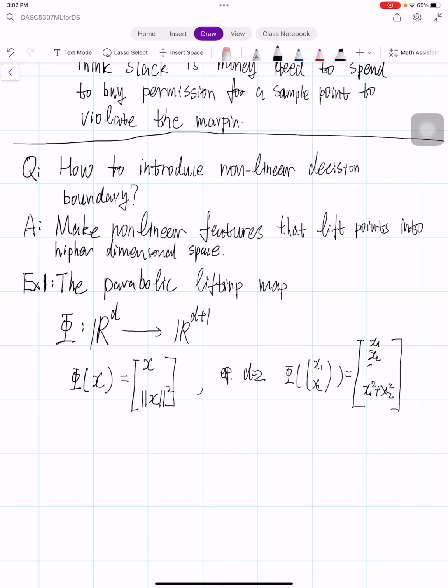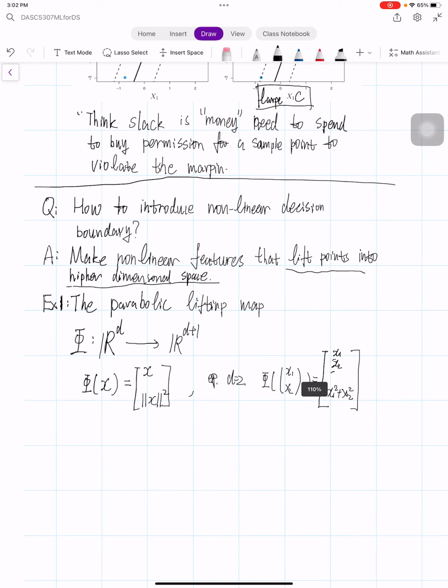By doing this, we lift the points into a higher dimensional space. Here I'll give you one example.